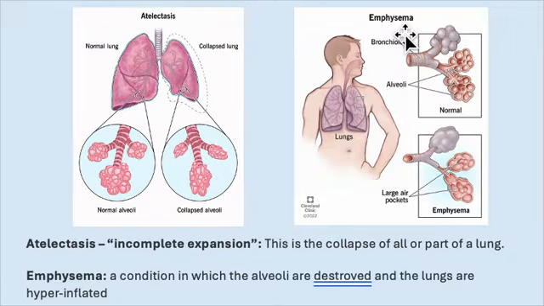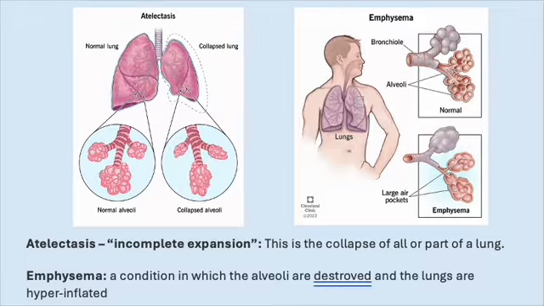Now, on the other hand, emphysema refers to the permanent destruction of the alveoli. So this is where essentially the walls separating the alveoli, or between the air sacs, are physically destroyed. So instead of many very small, elasticy little sacs here, we end up with a few large and more floppy pockets, if you will.